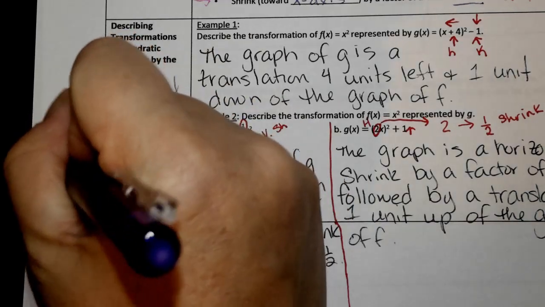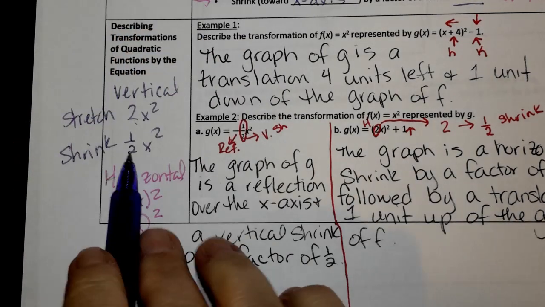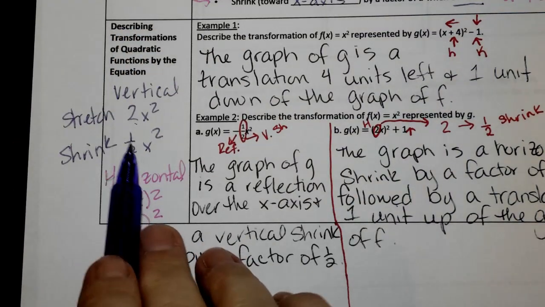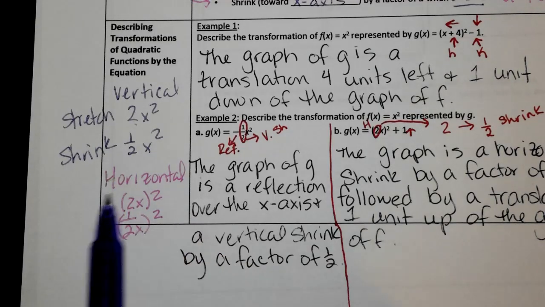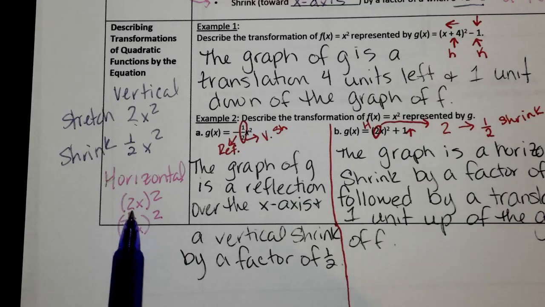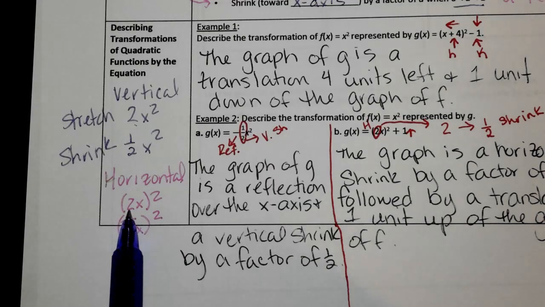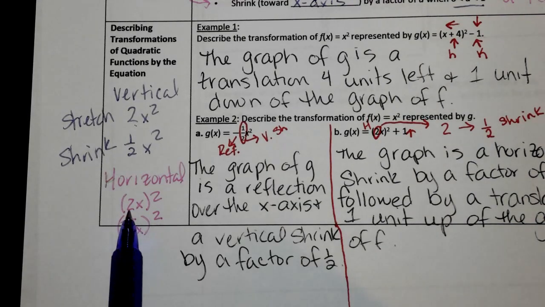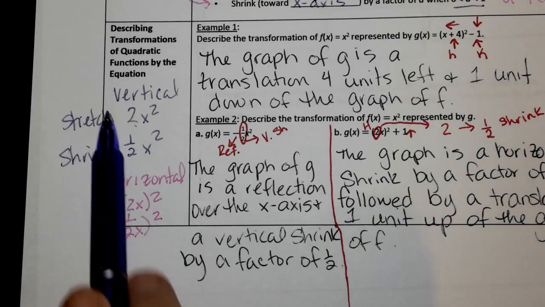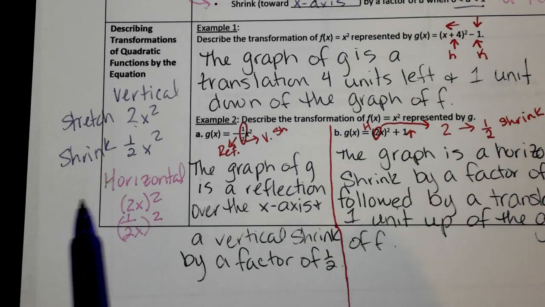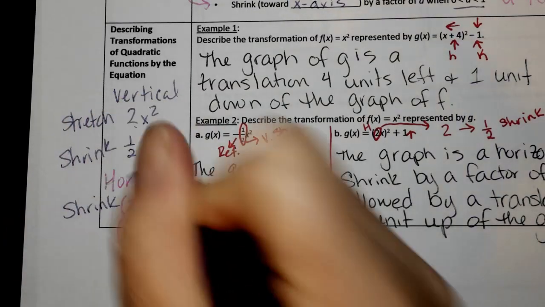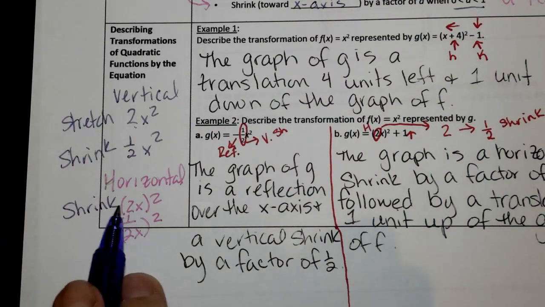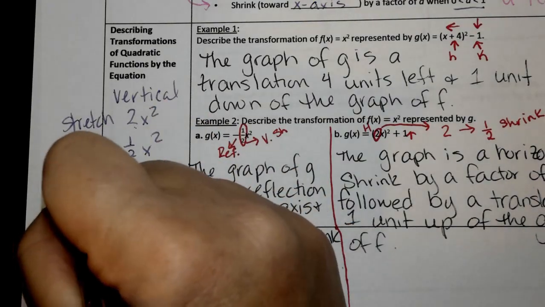It is a vertical shrink when it's a factor between 0 and 1. Again, notice that the x has the square, not the 1/2. So horizontal is different. This is a horizontal shrink. All right, remember I told you how vertical stretches and shrinks visually look the same? This is why the numbers have to use the reciprocal. All right, so this is a shrink by 1/2.